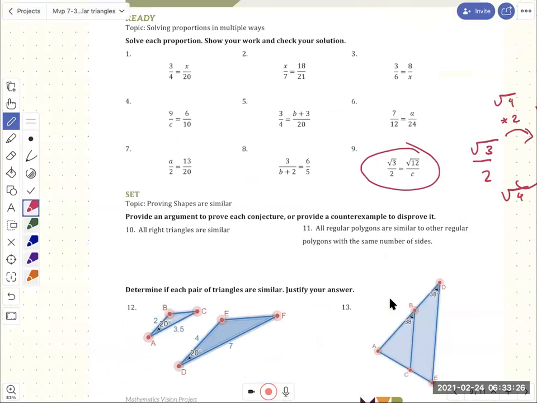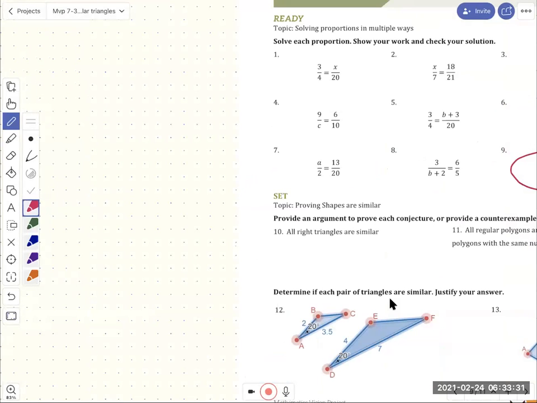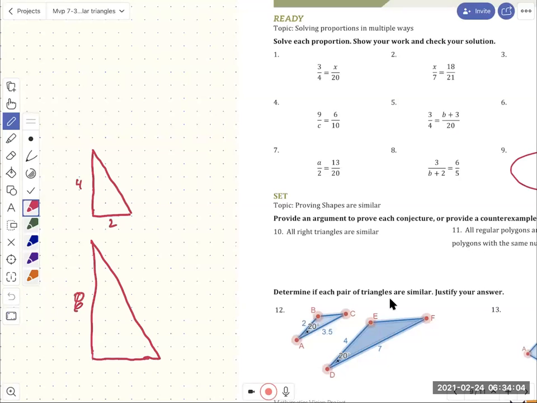Okay, all right triangles are similar. So how would you work on that one? You can certainly make an argument that you can try and dilate, and so say that you've got a right scalene, but I think it's fairly easy to say, okay, well, this is a 4 and 2, and this is, I don't know, an 8 and 4.